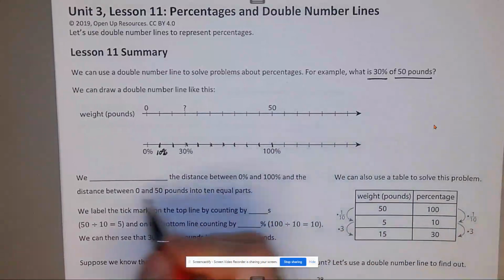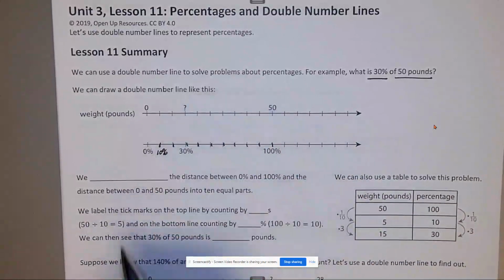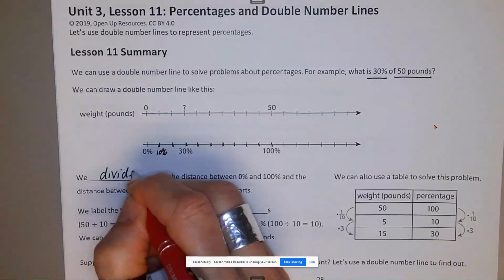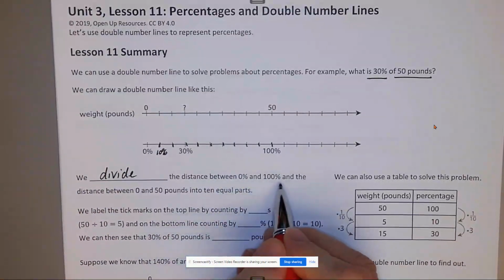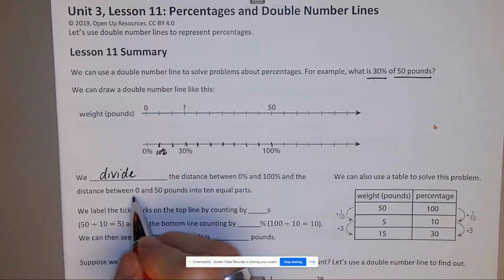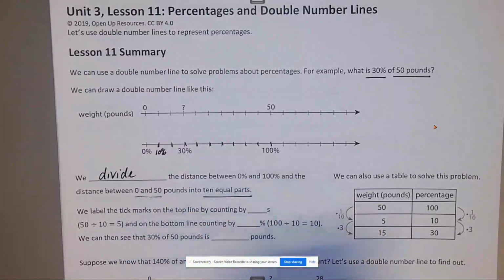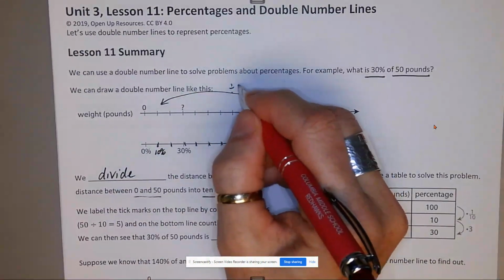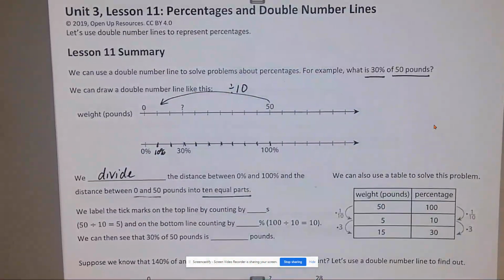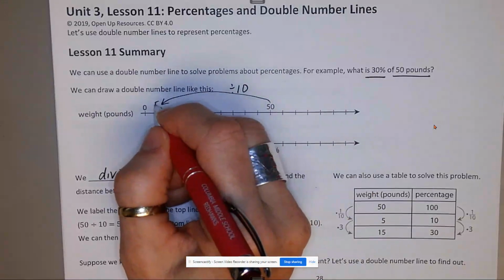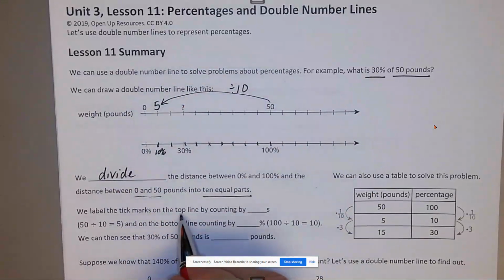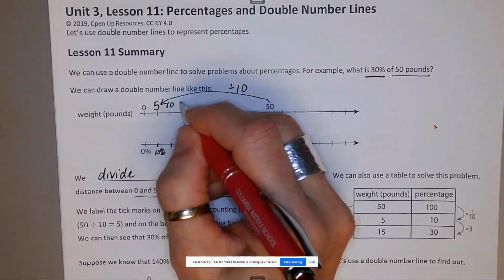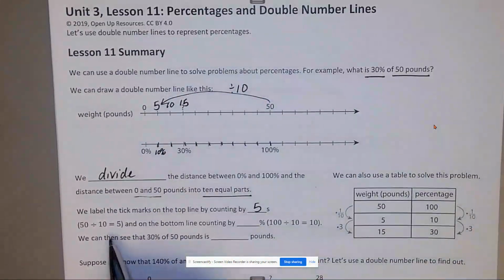That means you would also do the same with the top. So we are going to divide the distance between 0 and 100 and the distance between 0 and 50 into 10 equal sized parts. So what is 50 divided by 10? Well, 50 divided by 10, that would be 5. So we label the tick marks on the top line by counting by 5s. 5, 10, 15.